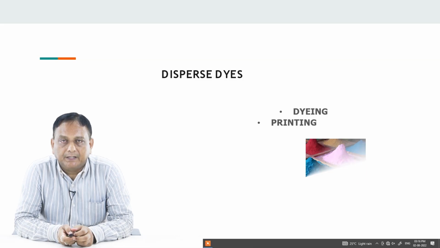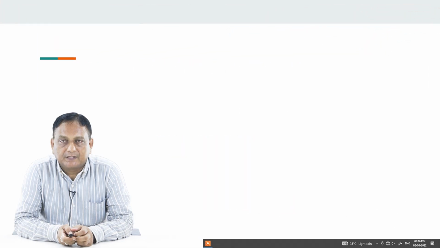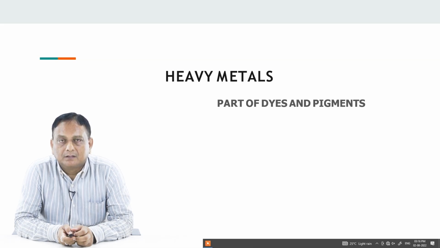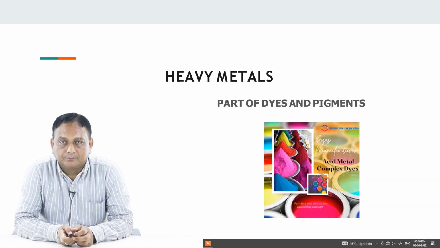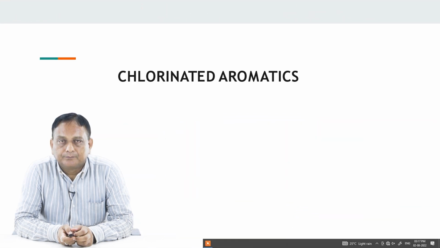In dyeing and printing they are used, so those disperse dyes are to be tested, and they can be potential MRSL items. Heavy metals are also there. Parts of the dyes and pigments contain heavy metals. Different colors have different structures, and different metals are used for that purpose.